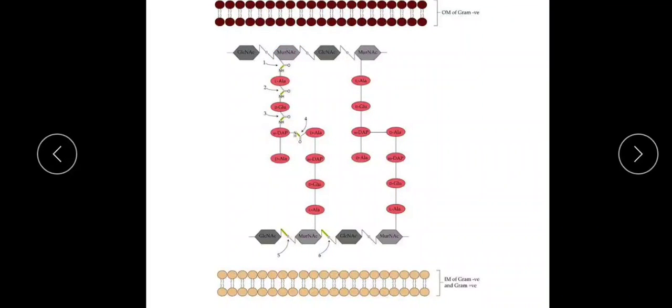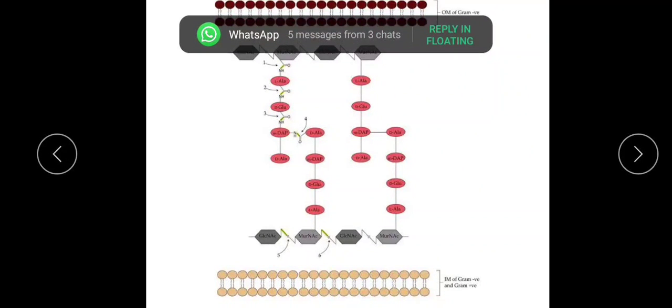And this peptide chain consists of amino acids like alanine, glutamic acid, lysine, and another alanine. So these are the amino acids found in this peptide chain. And this interlinking imparts stability to the peptidoglycan layer.